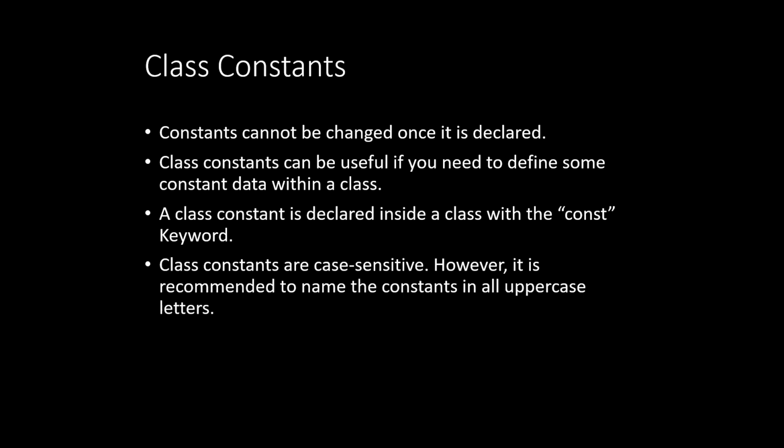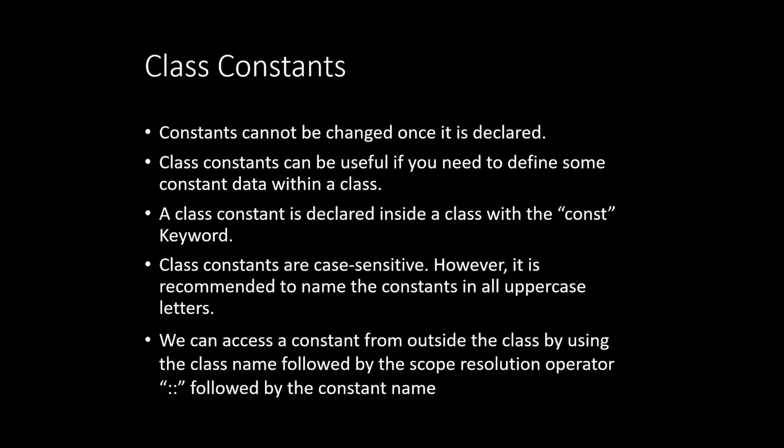Class constants are case sensitive. However, it is recommended to name the constant in all uppercase letters. We can access a constant from outside the class by using the class name followed by the scope resolution operator, that is the double colon, followed by the constant name.